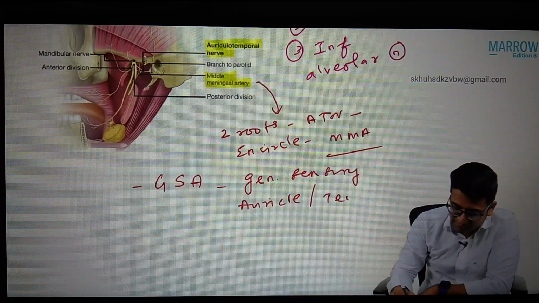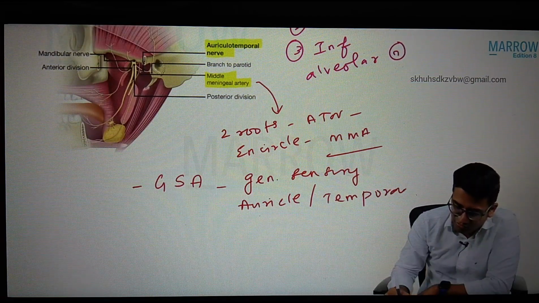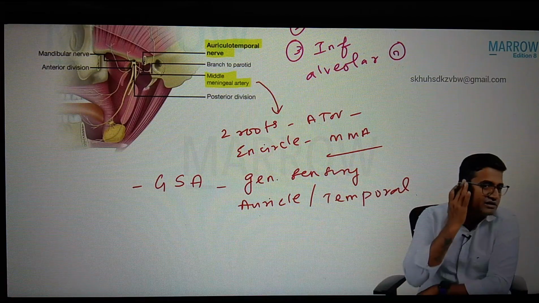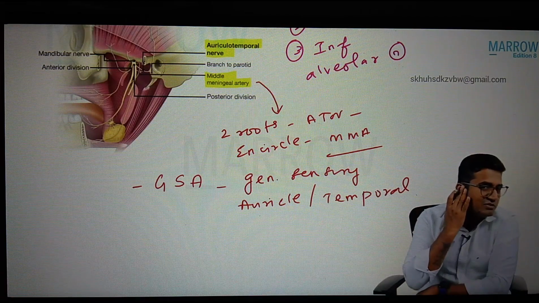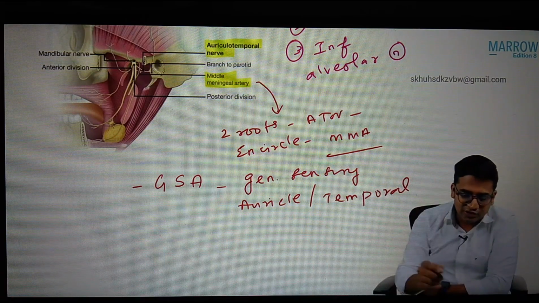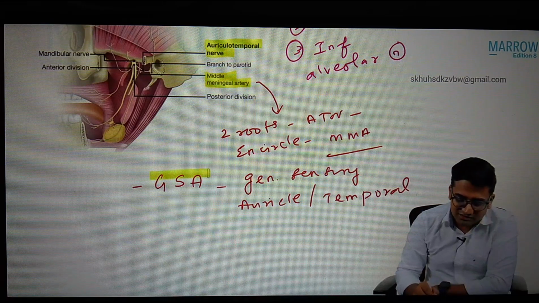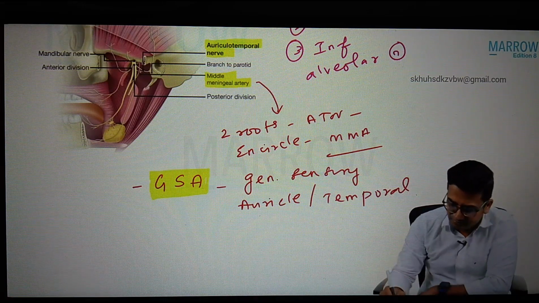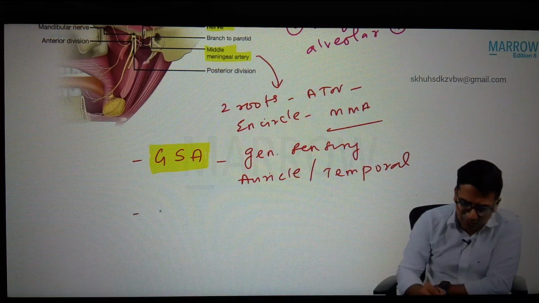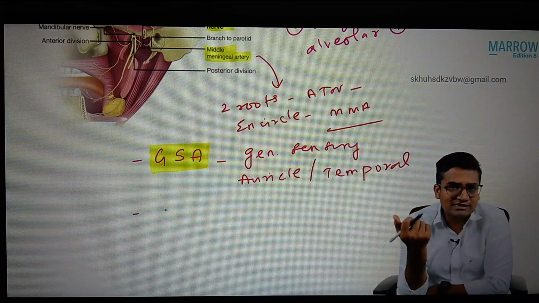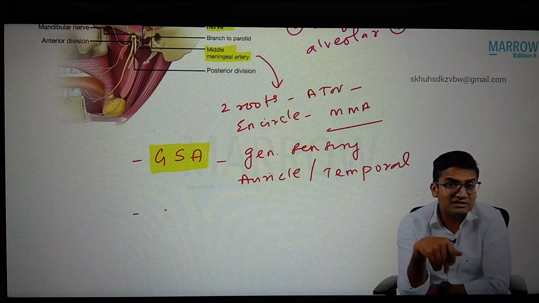So this area, general sensory fibers are carried by the auriculotemporal nerve. So what is the functional column? Which carries what type of fiber? General somatic afferent fibers.